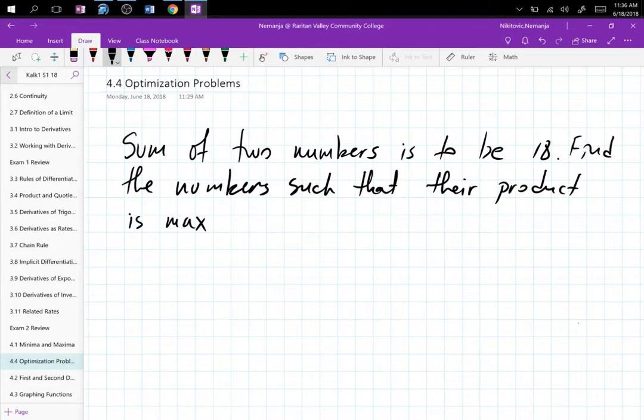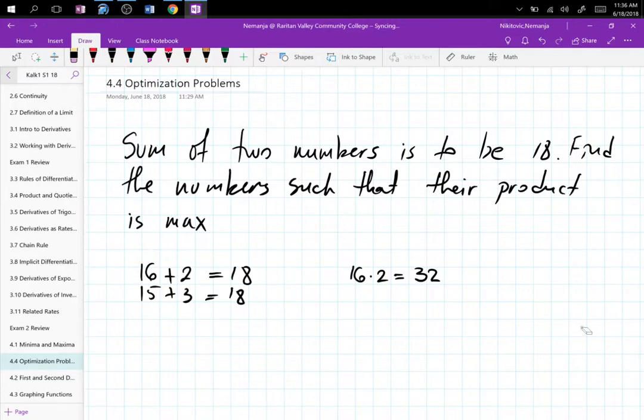That's the question. If you just guess 16 plus 2 is equal to 18, I will say 16 times 2 is 32, and then ask you, can we do better? And you say, well, I don't know, but I also know that 15 plus 3 gives you 18. And I say, that's better, because 15 times 3 is 45.